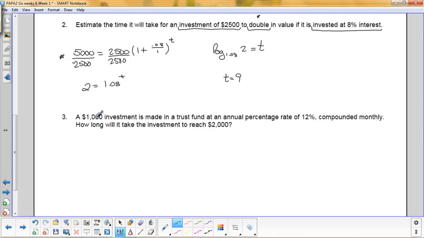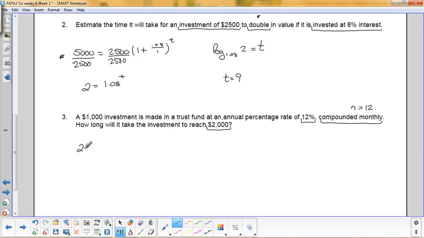Alright, an investment made in a trust fund at an annual percentage rate of 12%, compounded monthly. How many times does a month happen in a year? That's 12. So your N is 12. How long will it take for the investment to reach $2,000?